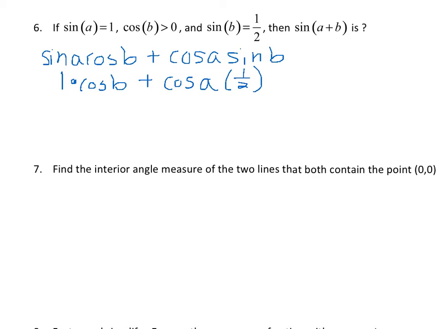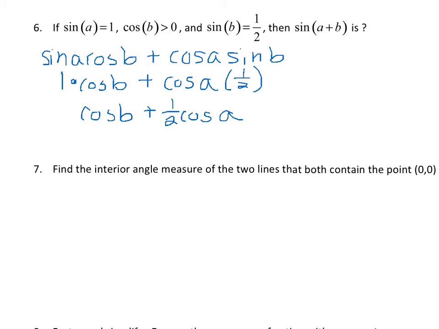So we know that this formula is now the cosine of B plus 1/2 times the cosine of A. Now we need to figure out what these angles are so we can finish the problem.